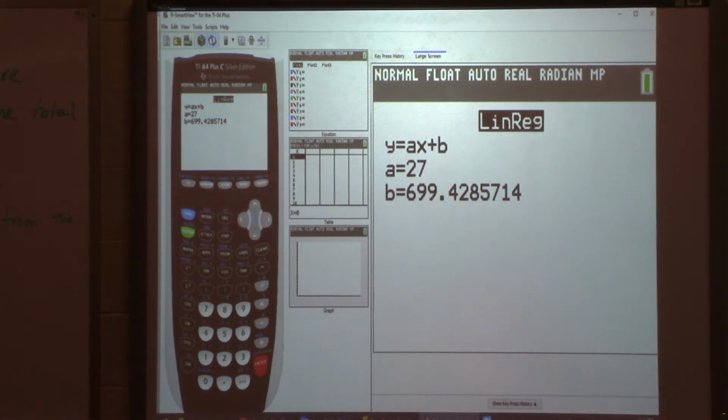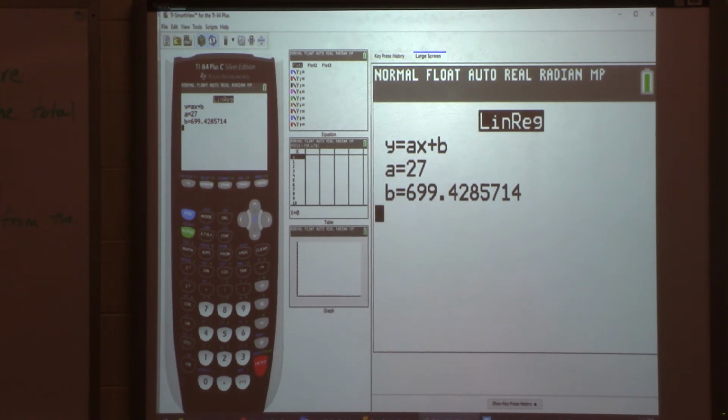Because what you notice, up top here it says y equals ax plus b. So what you can do then, plug in a and b. y equals 27x plus 699.43. And now look, we have an equation for a line. So this is the calculator's line of best fit.